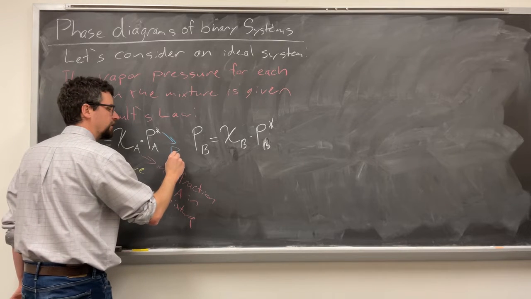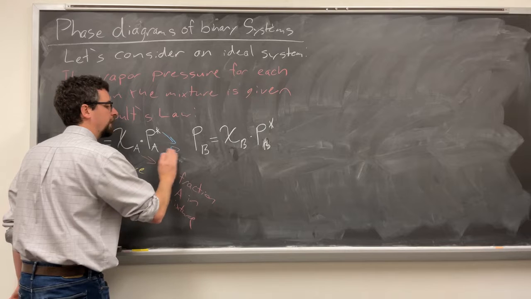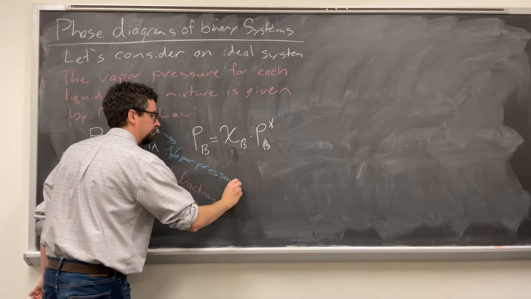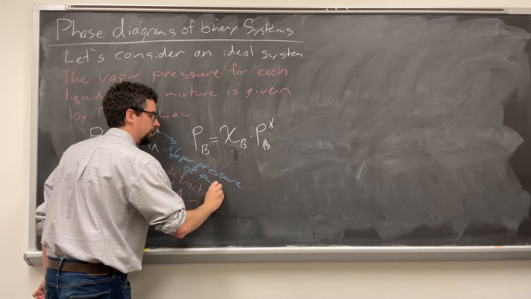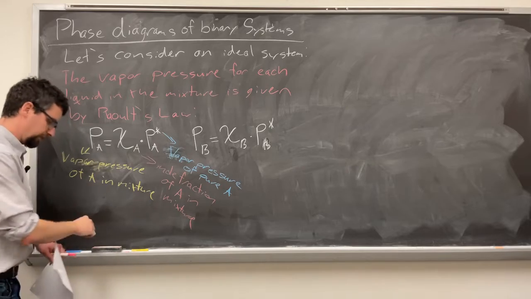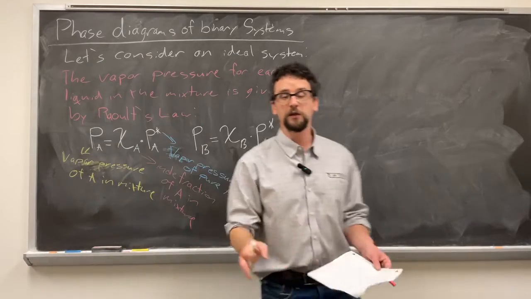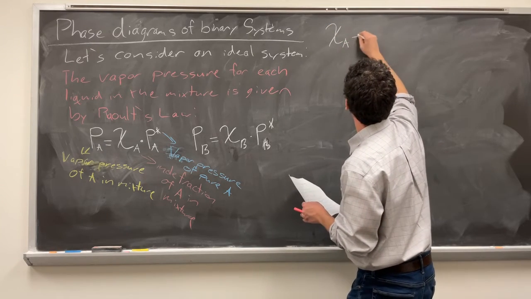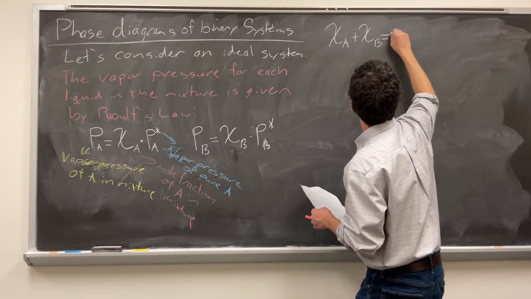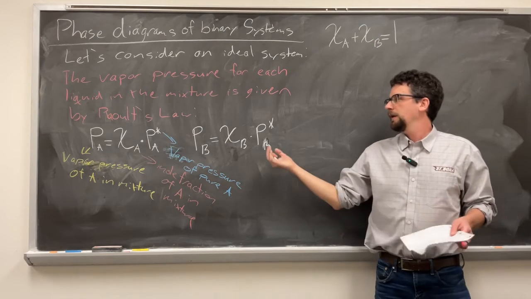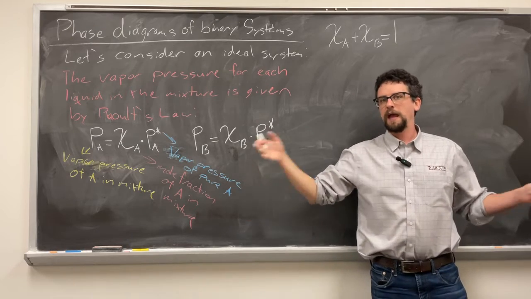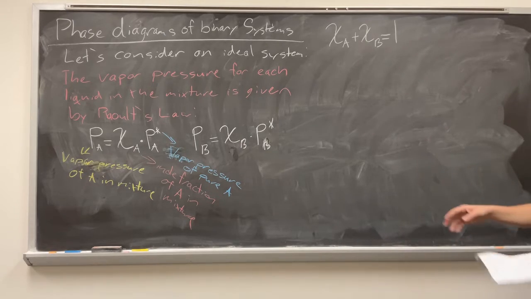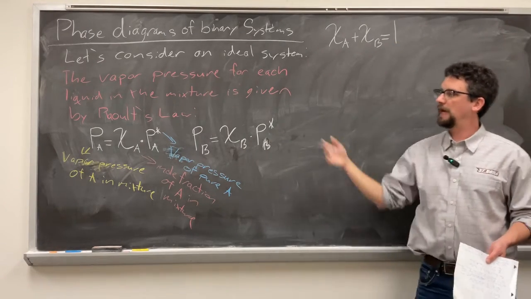So this is the pressure, vapor pressure, excuse me, of pure A. The same is true for B. The other thing we know is since this is a binary mixture, the following expression must be true. If you have only A or B in your system, when you add up their mole fractions, it should total to be 1.